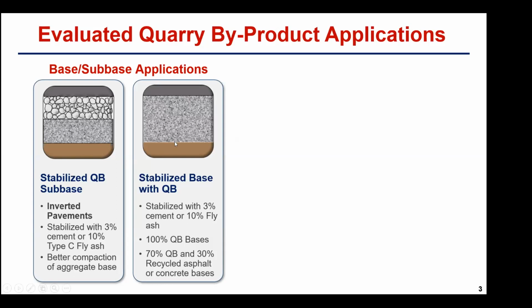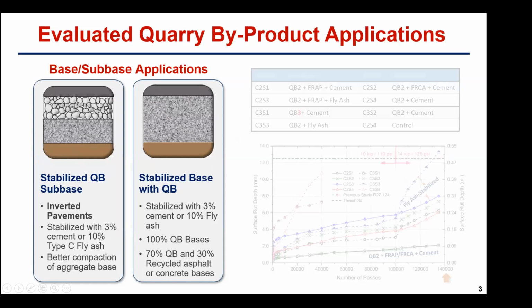We had quarry byproducts as a base material stabilized with either cement or fly ash. Some of the sections had quarry byproducts mixed with recycled materials, either RAP or RCA, recycled concrete. And we had some subbase sections, sort of inverted pavement applications for quarry byproducts, stabilized either with 3% cement or 10% fly ash.